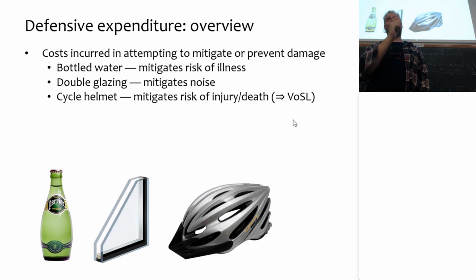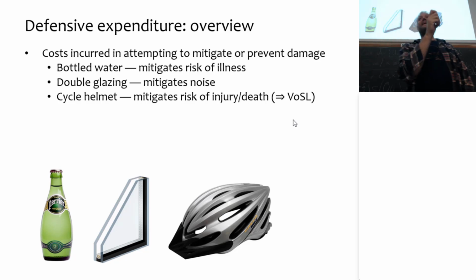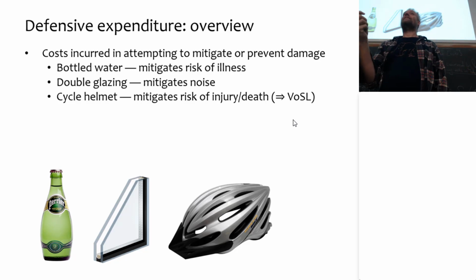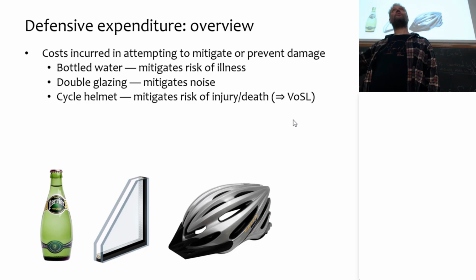Then of course you cannot derive their value for avoiding getting sick from epidemiological data. You cannot go to the ONS and ask how many people die of this illness that drinking bottled water would avoid.